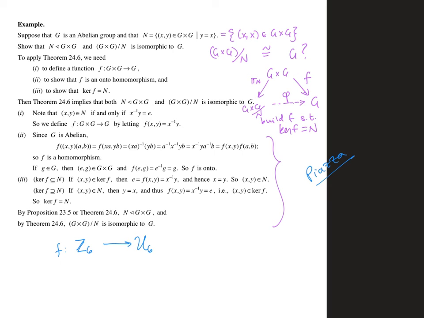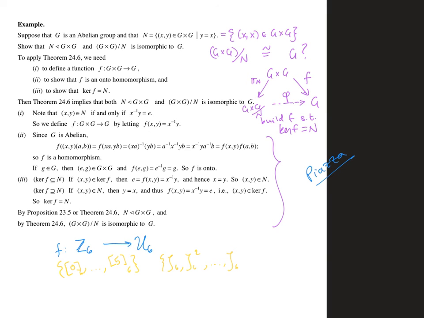That's going to be the group of sixth roots of unity under multiplication. So right here, this is the set 0 through 5 mod 6. And this set on the other side is zeta 6 squared up to zeta 6 to the 6th, or 1.